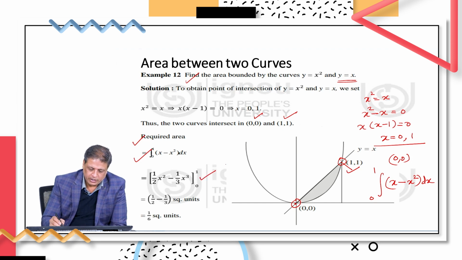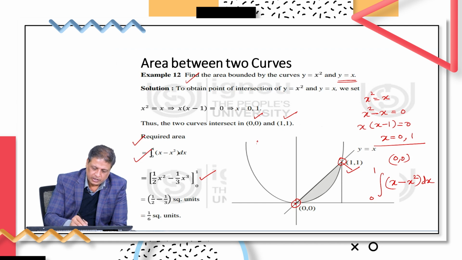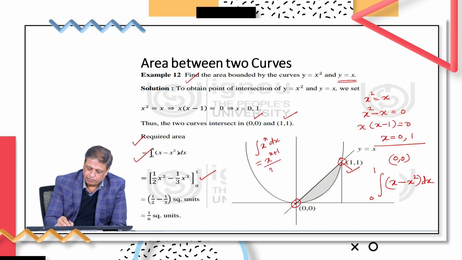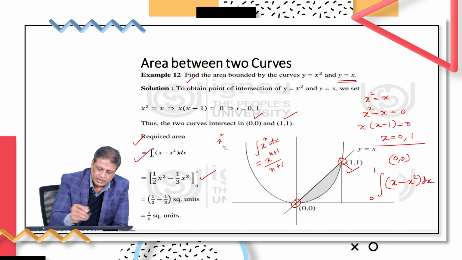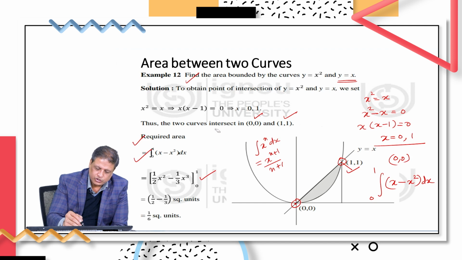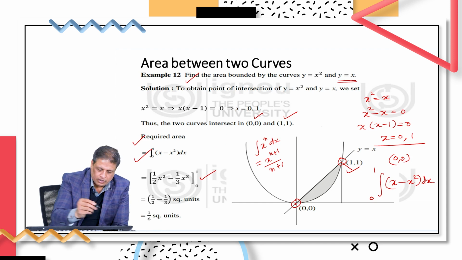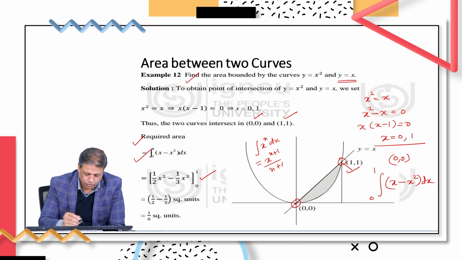Performing the integration, you will get 1 over 2 x square minus 1 over 3 x cube. We simply applied the formula: the integral of x to the power n dx is x to the power n plus 1 over n plus 1. That is why the integral of x square dx turns out to be x cube by 3 and the integral of x dx turns out to be x square by 2.